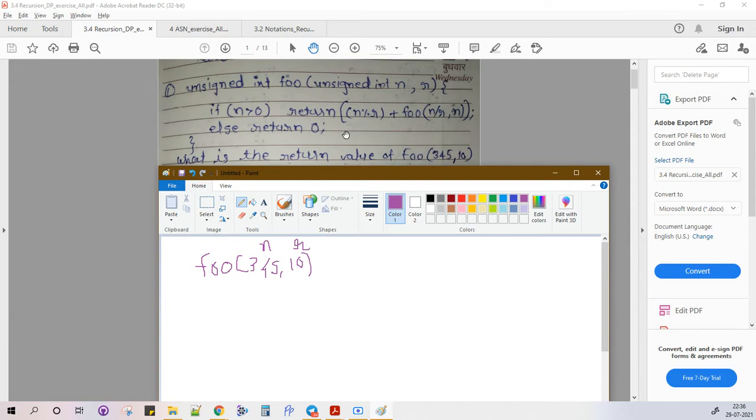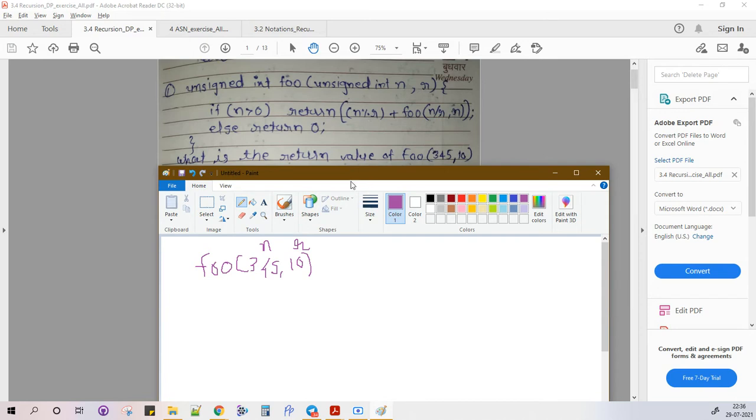What I am returning is n modulo r plus foo of n divided by r and r. In recursion, we will go into the recursion tree one by one. After solving the whole tree, then we will return something.